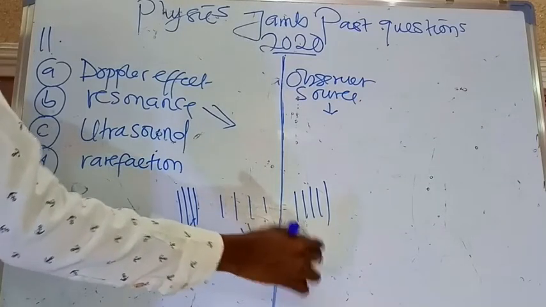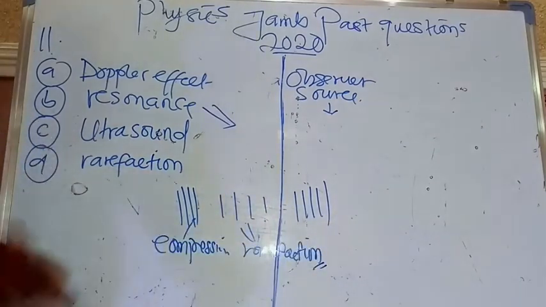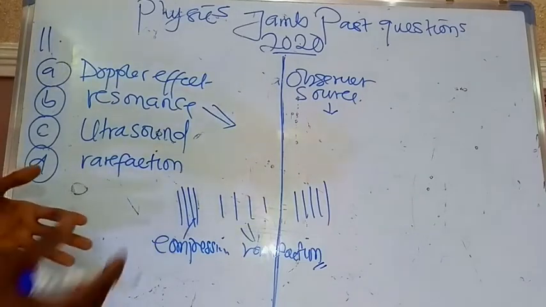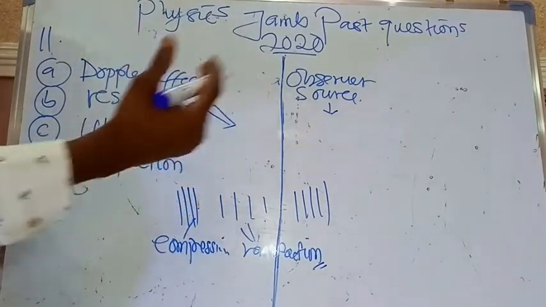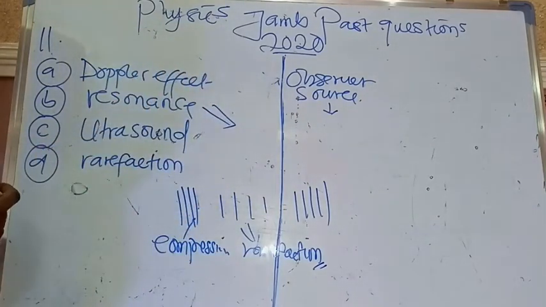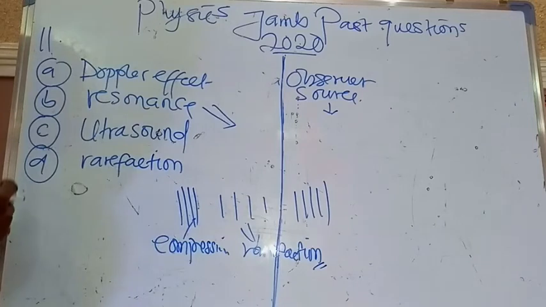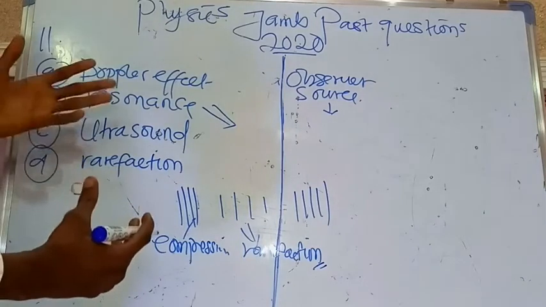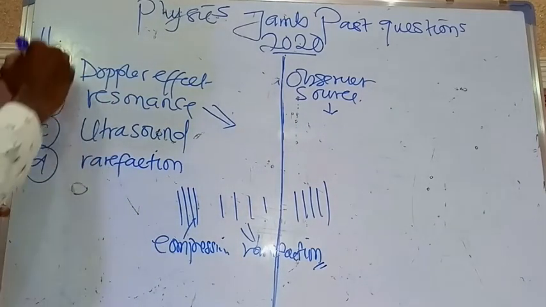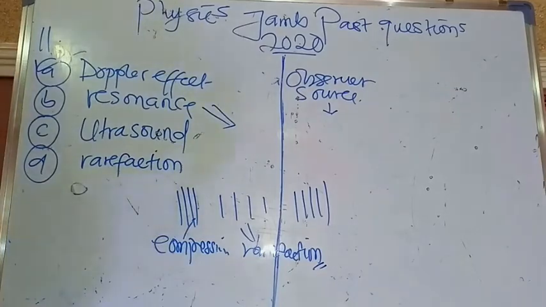So it is one of the attributes of a wave, in the case of a sound wave, but this is not what the question is talking about. So the correct answer, as I explained, is the Doppler effect, which explains the relationship between the source and observer, which is option A.